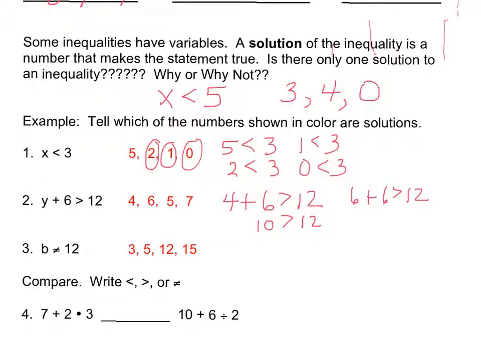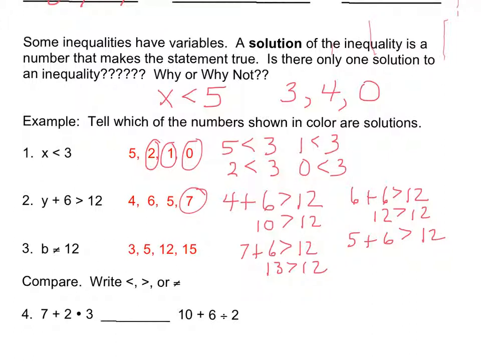Well, 6 plus 6 is 12, and 12 is not greater than 12, it's equal to 12, so that doesn't work. If I try 5, 5 plus 6 is 11. Is 11 greater than 12? No. One more, 7. 7 plus 6 is 13. Is 13 greater than 12? Yes, it is. So that's our solution from that set.